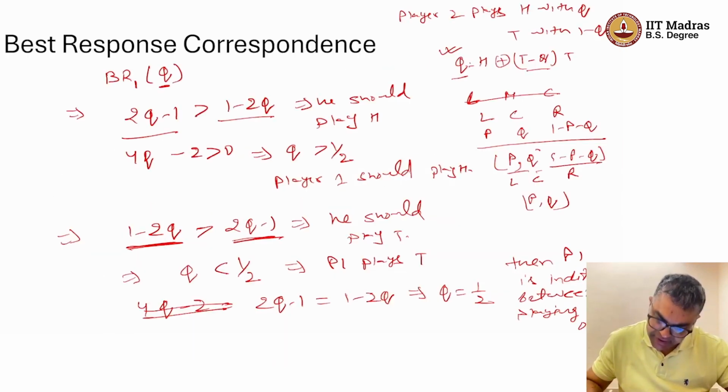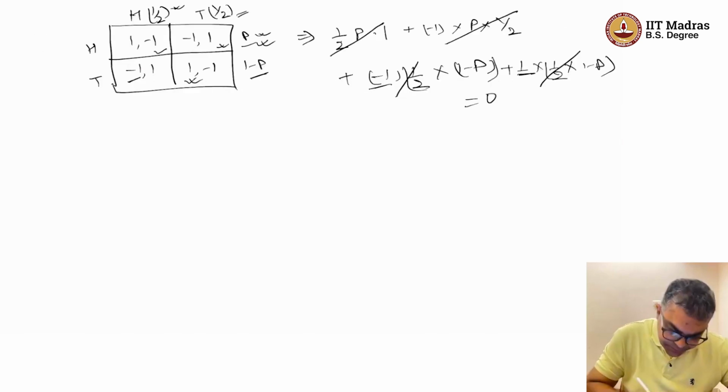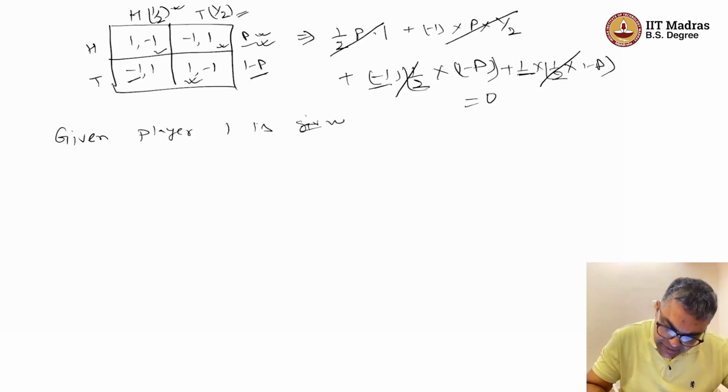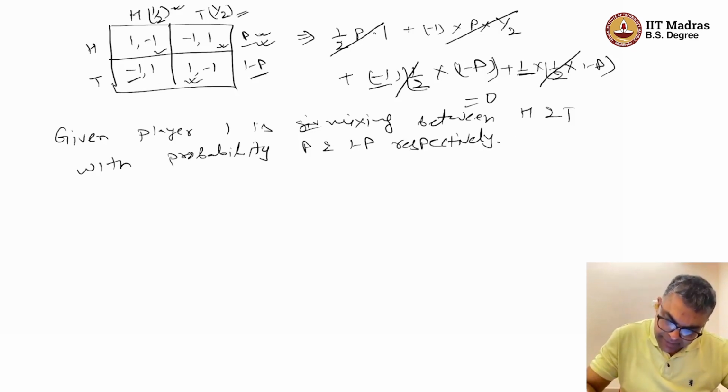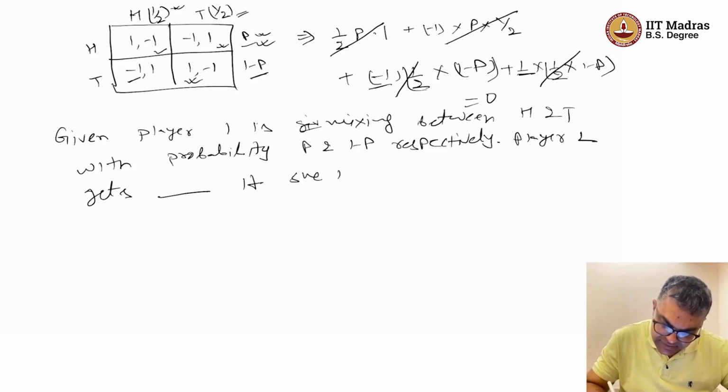We have obtained that, given player 1 is mixing between h and t with probability p and 1 minus p respectively, player 2 gets this if she plays h.